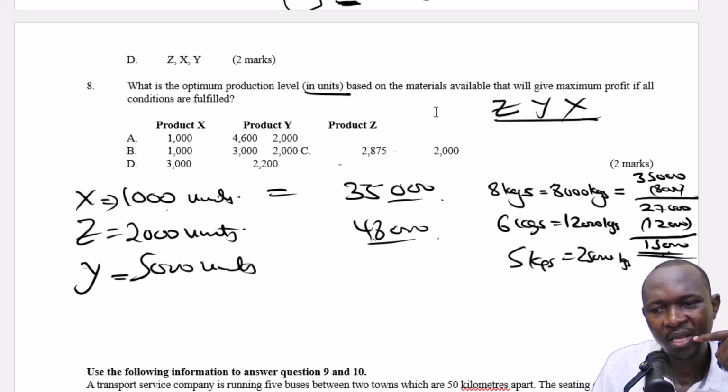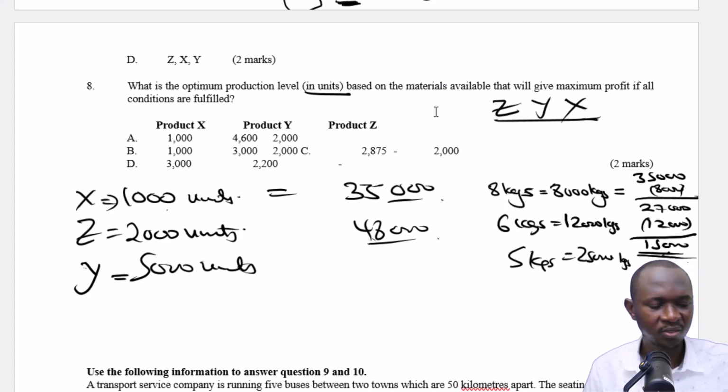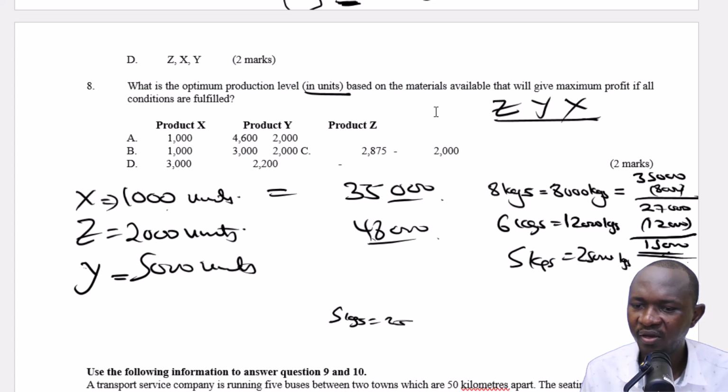So how many units will 15,000 kgs produce? If 5 kgs produce 25,000, what of 15,000? So it will be 15 times 5, which is 75, divided by 25, which gives us 3,000 units.